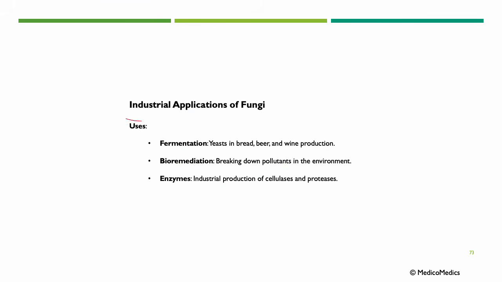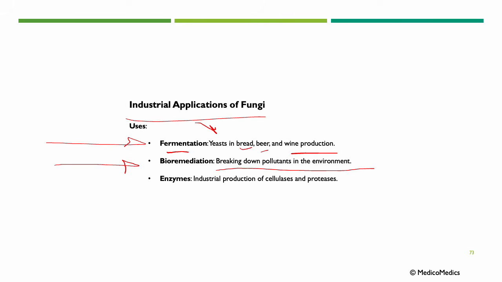Some industrial applications of fungi. It's used in fermentation, yeasts in bread, beer, and wine production. Bioremediation, breaking down pollutants in the environment. Enzymes, for industrial production of cellulases and proteases.